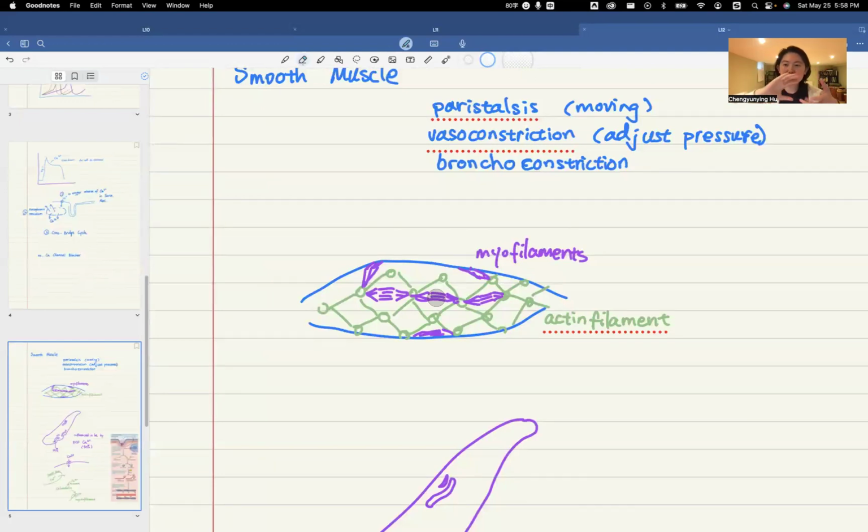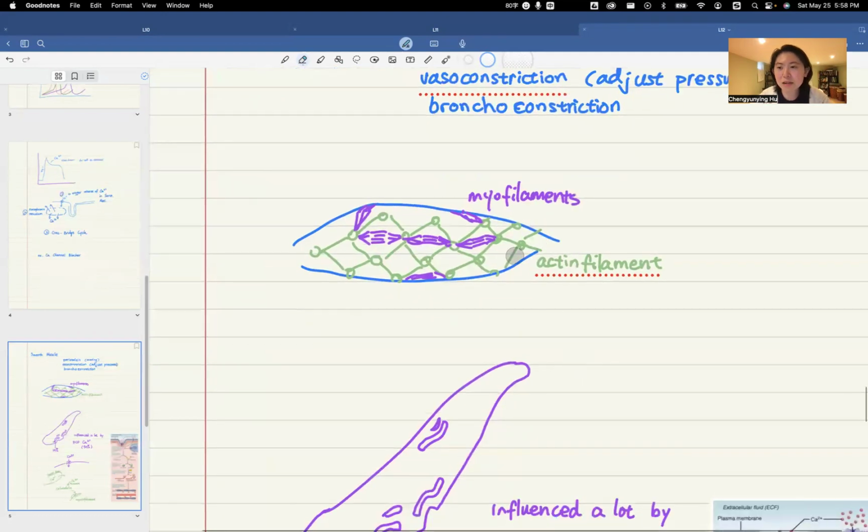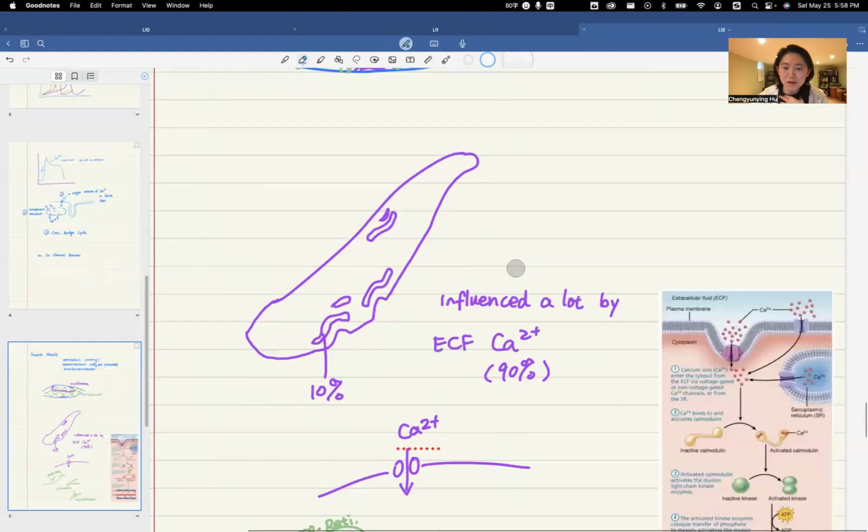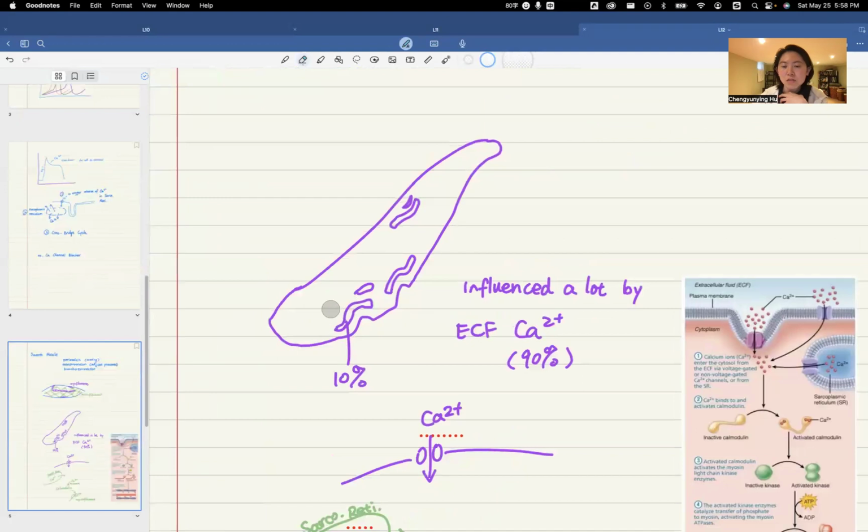It's like twisted. But it has the same parts as other muscle, actin, myofilament, it's the same idea. However, in smooth muscle, the sarcoplasmic reticulum doesn't have much calcium, only 10%. Most of the calcium comes from the extracellular fluid.